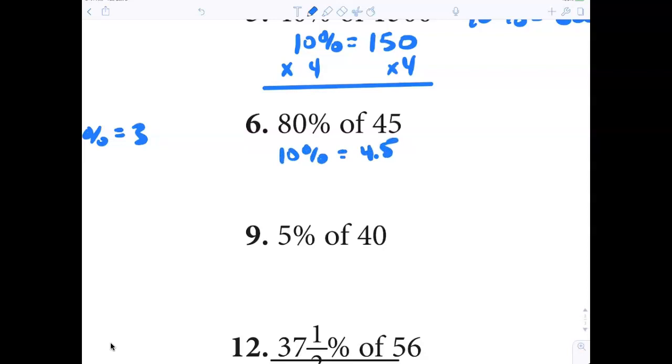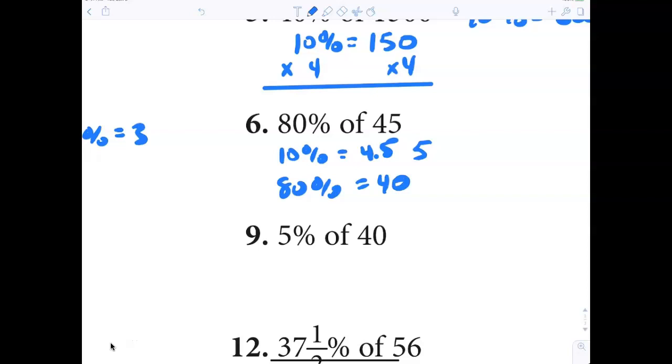Right? Now I want what? 80%, right? So do I really want to multiply 4.5 by 8, or could I change 4.5 to what? Yeah, just change it to 5. And now 5 times 8 is about what? Yeah, so it's about 40. All right, it's about 40.